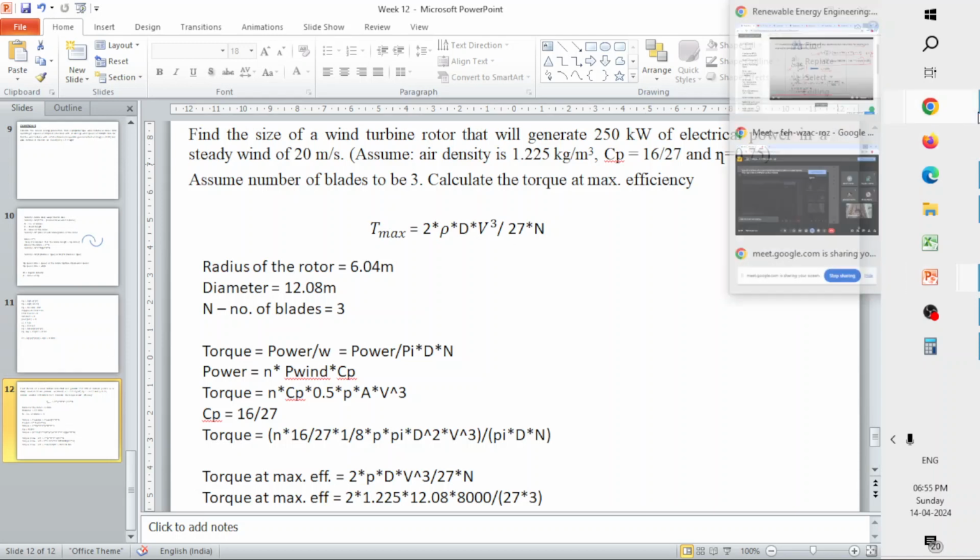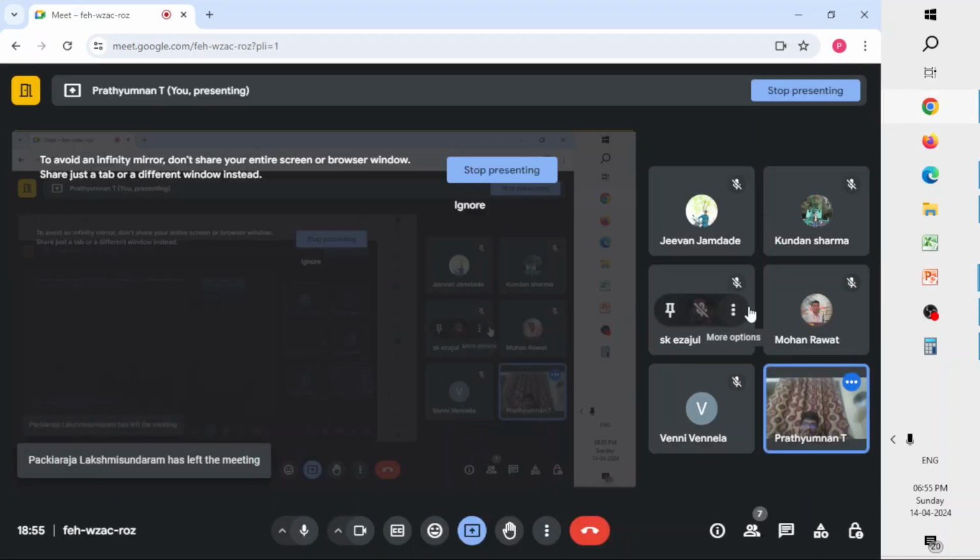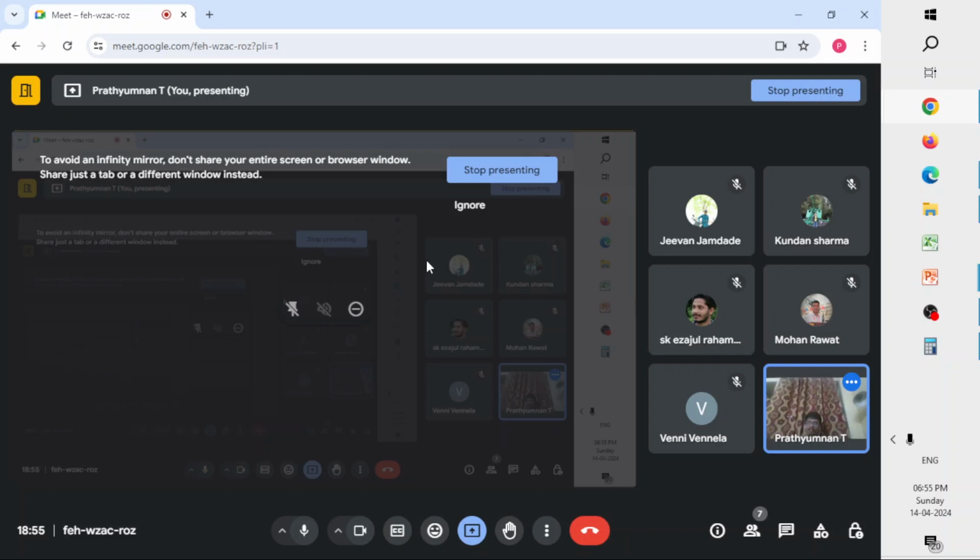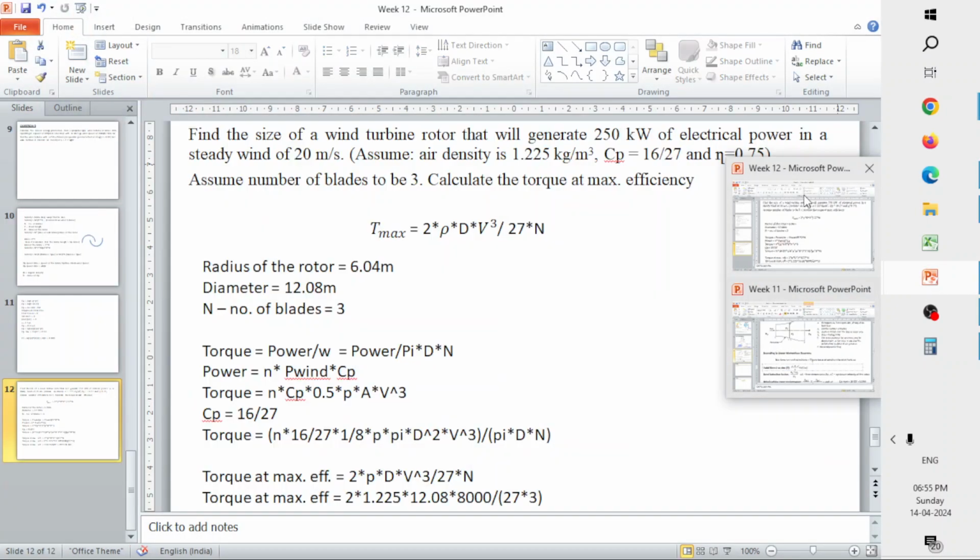Do you guys have any doubts based on the torque at maximum efficiency question that we discussed, or shall we proceed towards solving one more question? Okay, I guess there are no doubts, then we can proceed towards solving one more question.